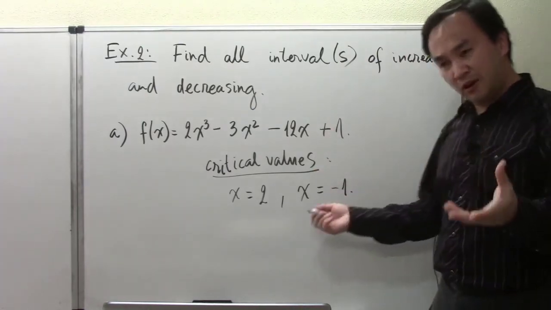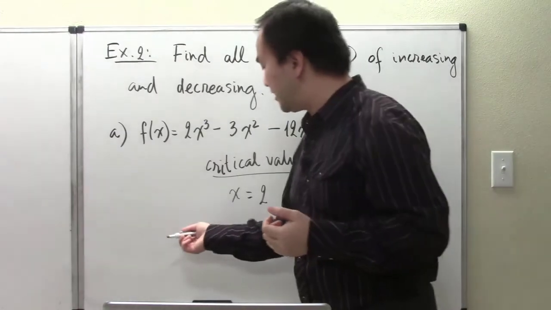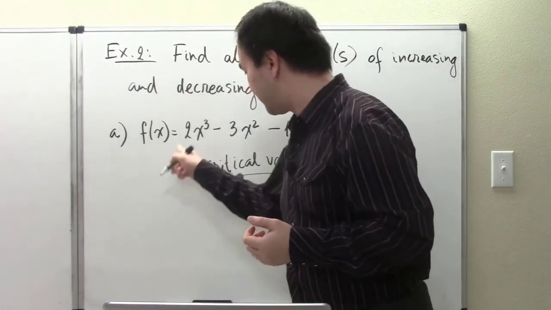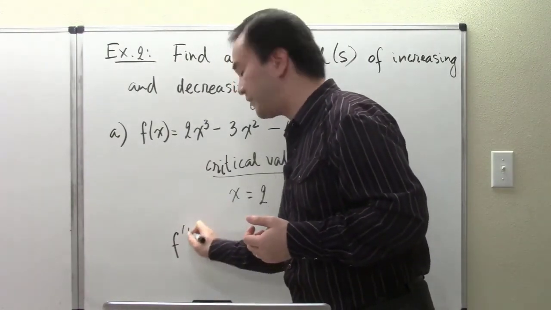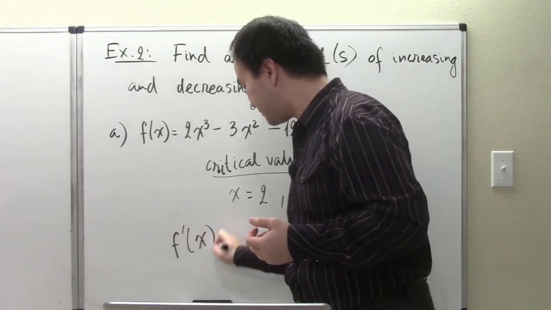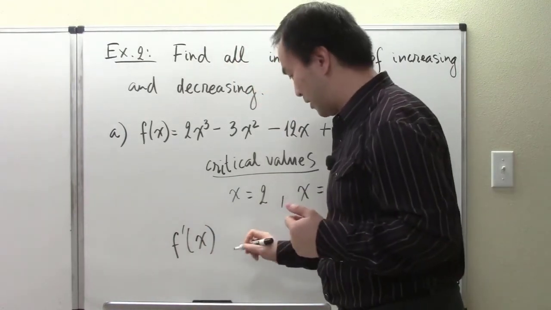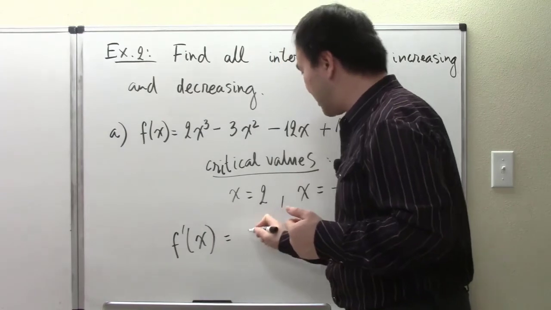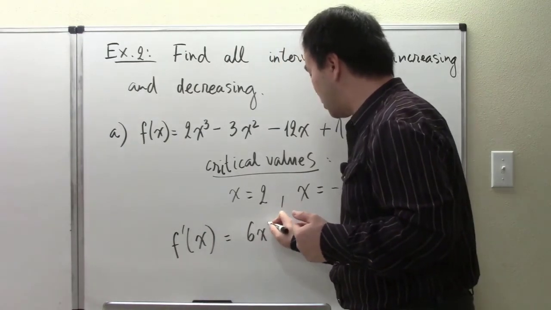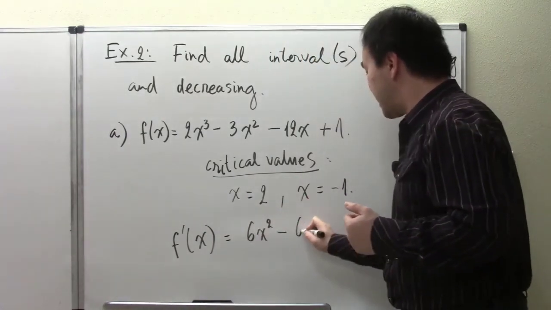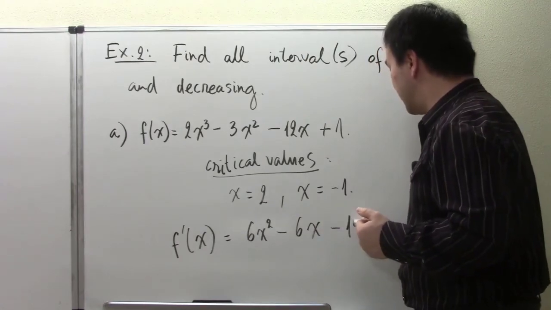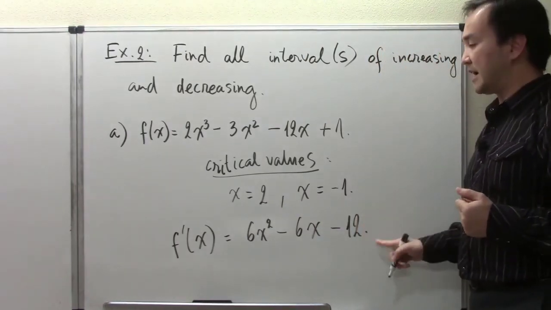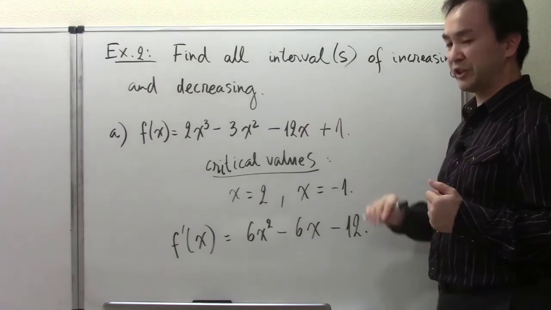It's also good to remind ourselves that our derivative of this function, which we found back in example 1, part A, is 6x squared minus 6x minus 12.